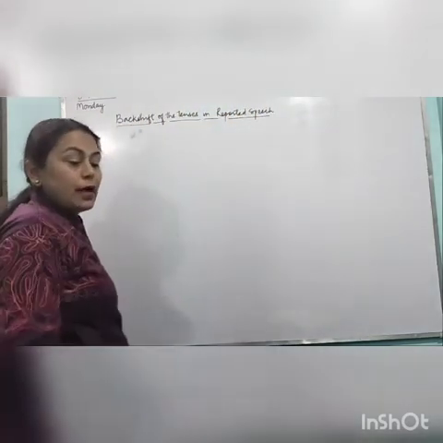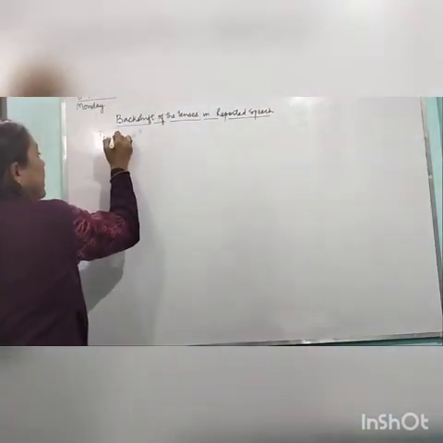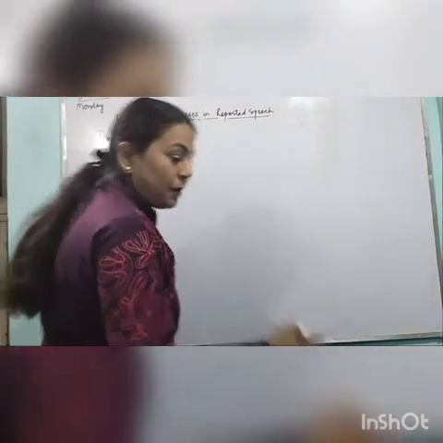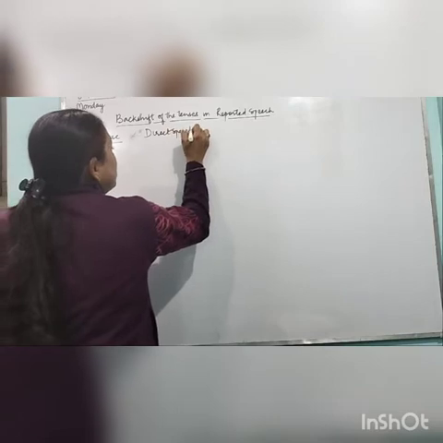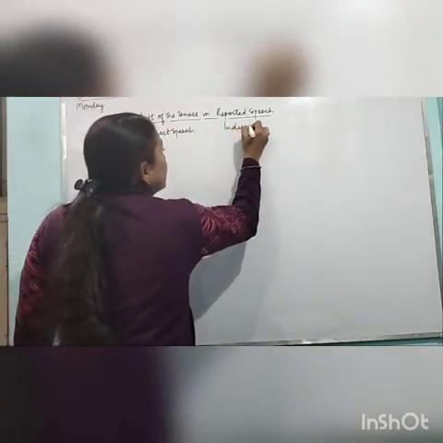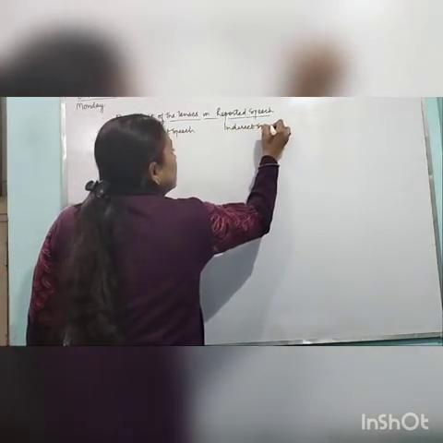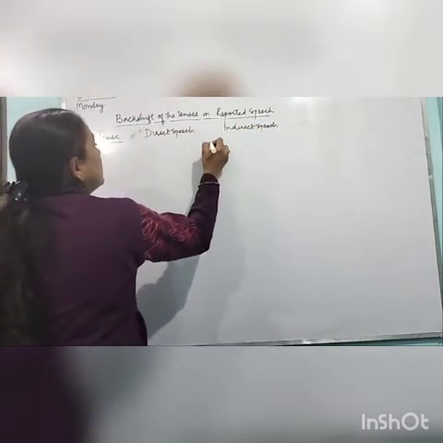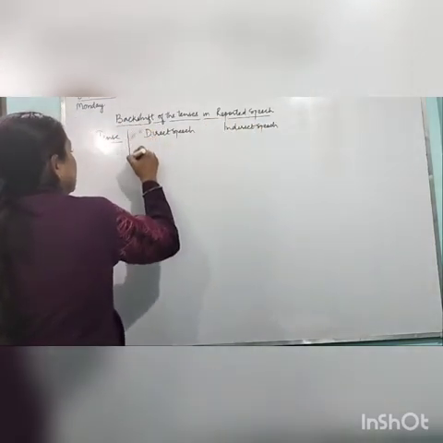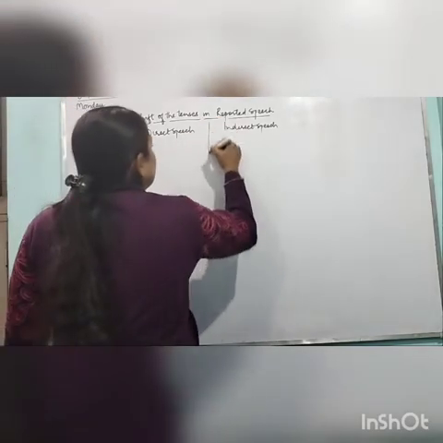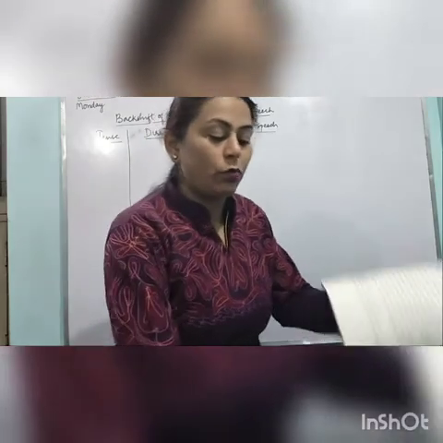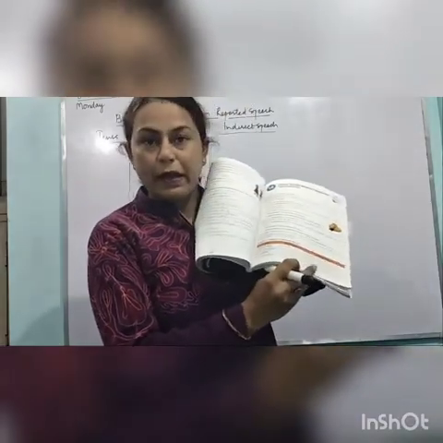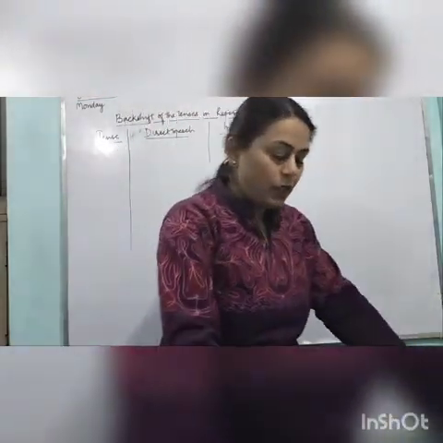So you will start writing from here. Now here we will write the tense. यहाँ tense आएगा. यहाँ आपका आएगा direct speech और यहाँ हम लिखेंगे indirect speech में. Here we will write about indirect speech, right? You have to make this chart in your notebook so that you learn it by heart, how the tenses change.